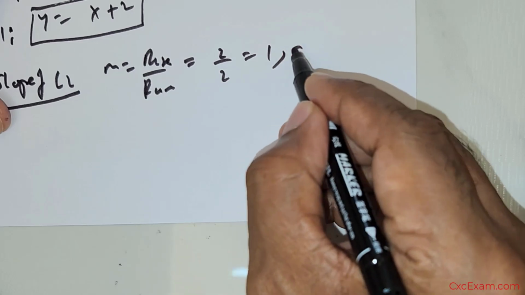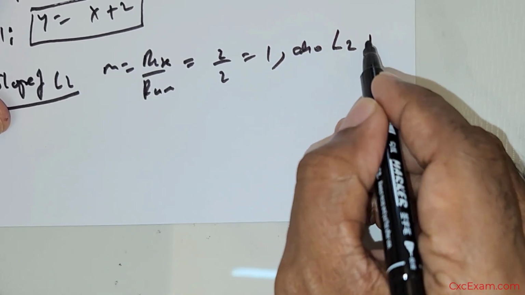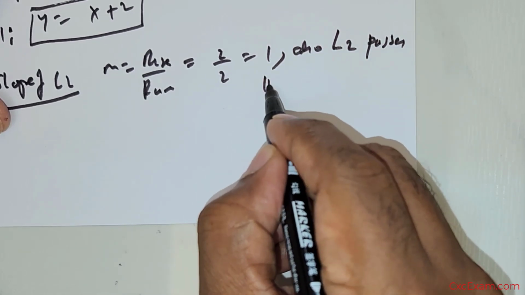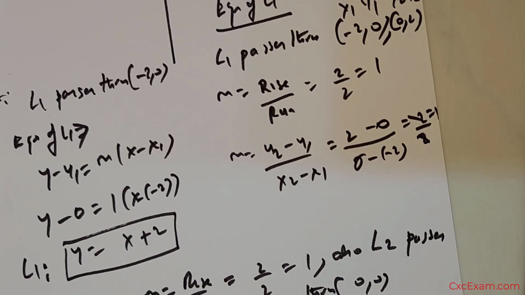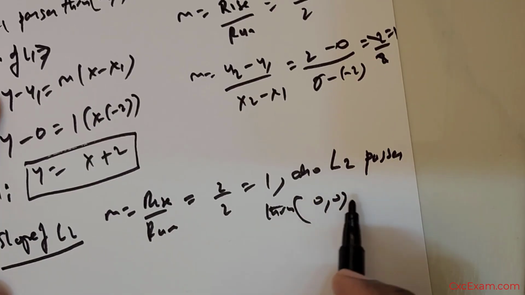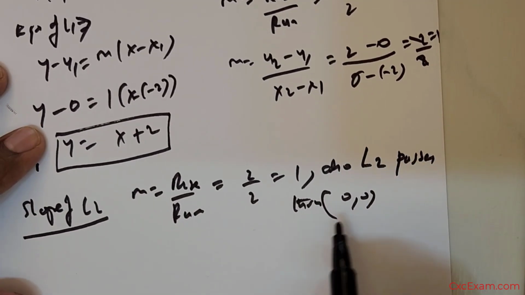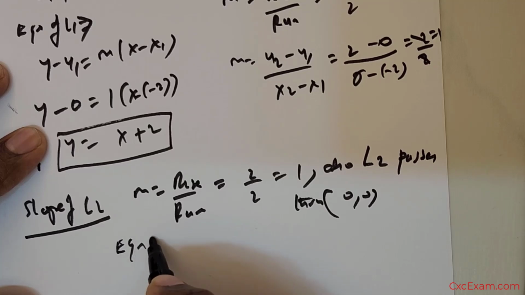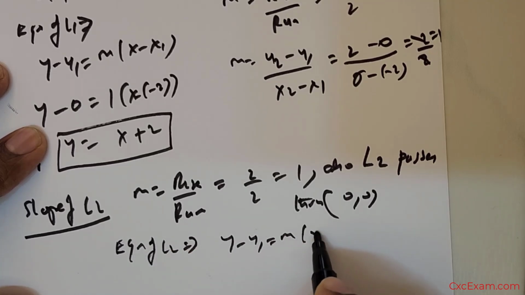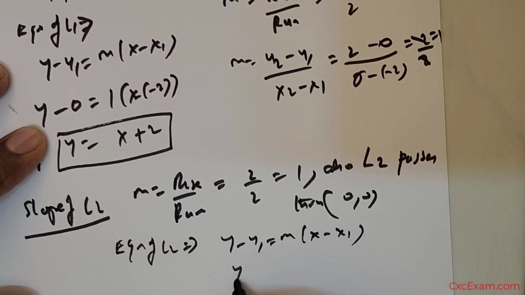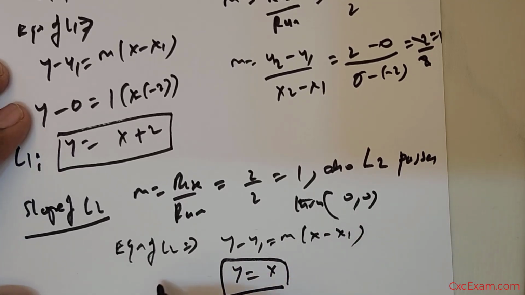Okay, so as I mentioned to you, L2 is passing through 0, 0. So the equation of L2 is y minus y1 is equal to m times x minus x1. So this is 0, this is 0, slope is 1. So y is equal to x is the equation of L2.